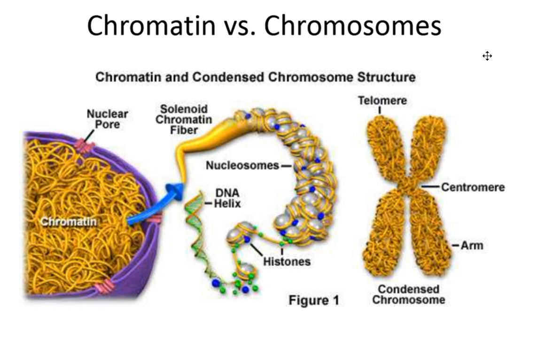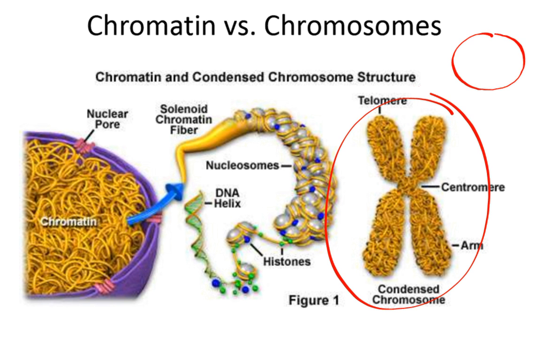But when the cell gets ready to divide, that giant plate of spaghetti, all that DNA and protein, will wind itself up onto very dense structures called chromosomes, which are what you see here. This is normally what you think of when you think of a chromosome. Look at this, the cell, they're in the middle, like this.